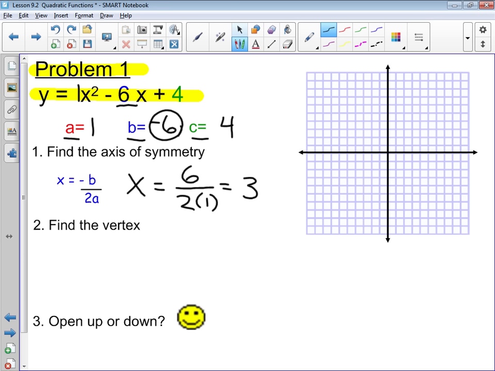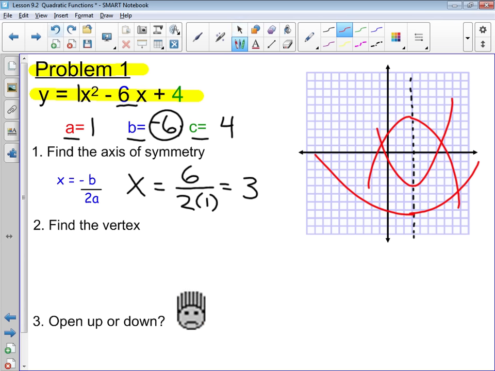The axis of symmetry is just a line that splits the parabola in half. So the line x equals 3 on the graph is at 1, 2, 3. x equals 3. That's the axis of symmetry. That means your parabola could look like this, could look like this, could look like this, but it's going to be somewhere where the axis of symmetry is at x equals 3.